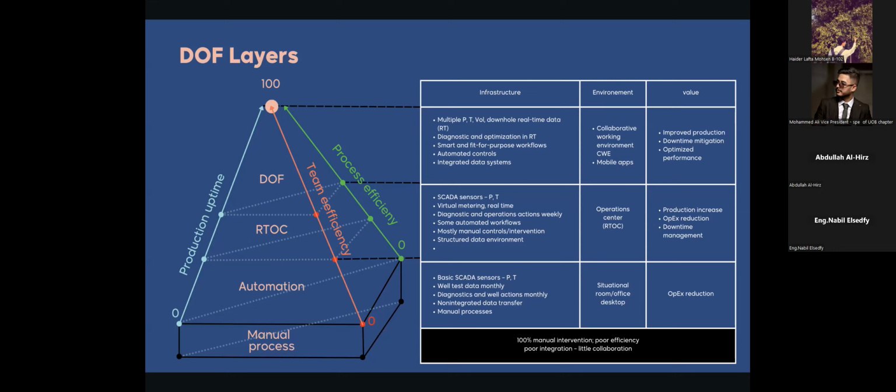We have seen this a lot in our working environment here in Iraq, and around the world, there is a disconnect between the operations team and the subsurface or reservoir team in general. The communication happens by email, or by phone call. So there is collaboration, but the collaboration is not optimal.